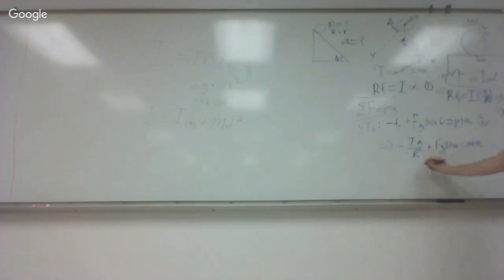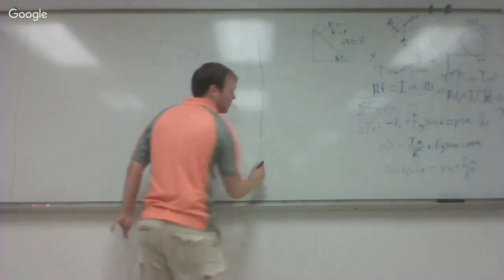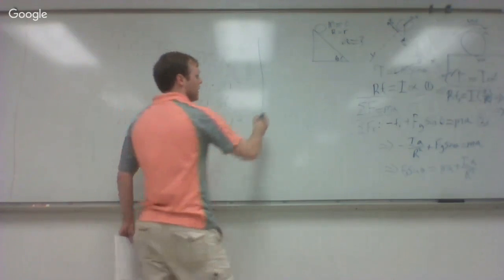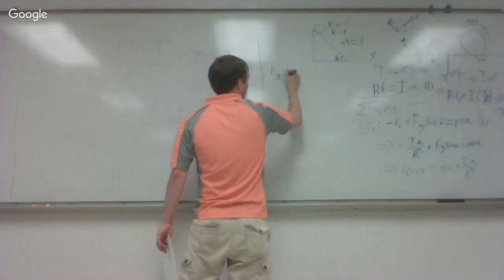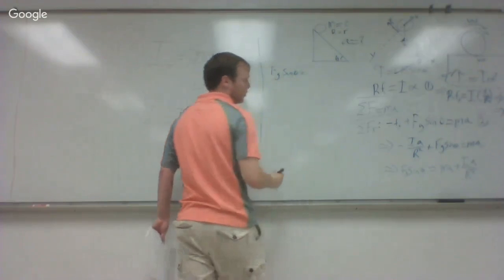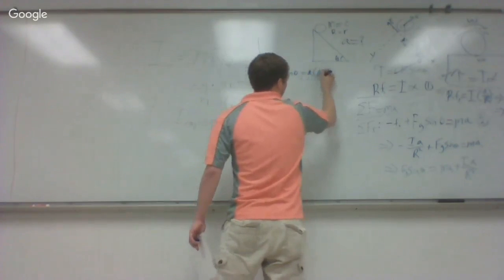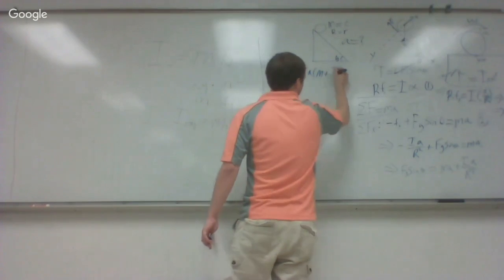So let's get this over to this side: M A plus I over R squared times A. Now we can factor out the A. We have F_G sine of theta equals A times M plus I over R squared.